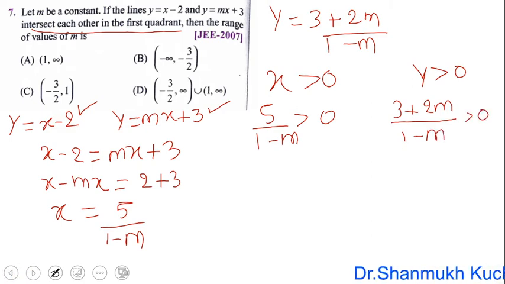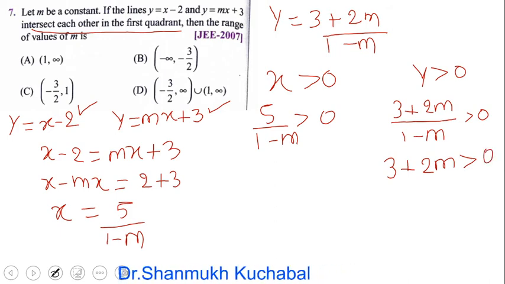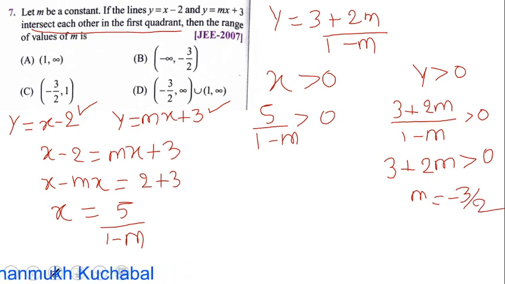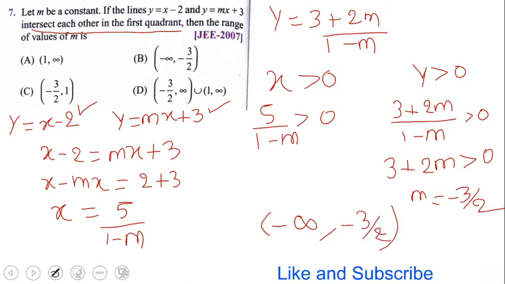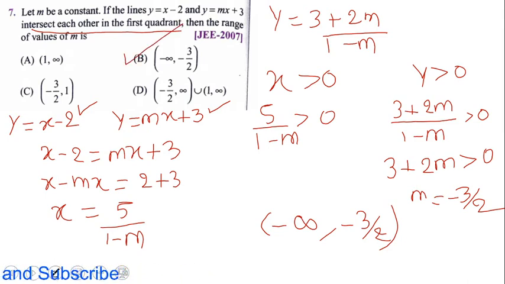Therefore, 1 minus m transported to RHS, we get 3 plus 2m greater than 0. So the m solution is greater than minus 3 by 2. Therefore the solution set for this example is minus infinity to minus 3 by 2. Therefore option B is the right answer here.